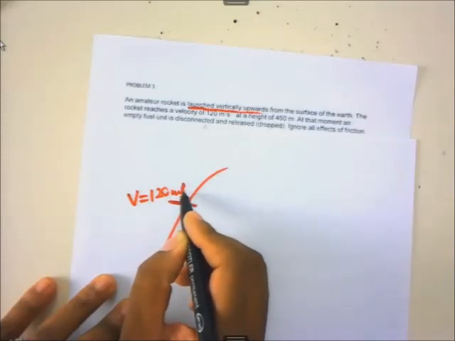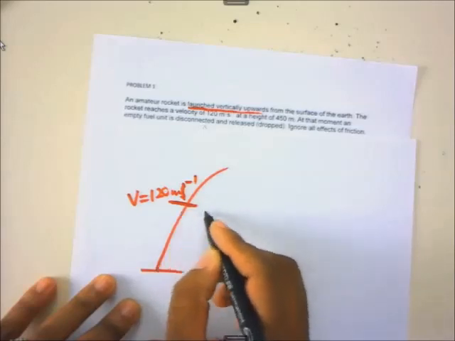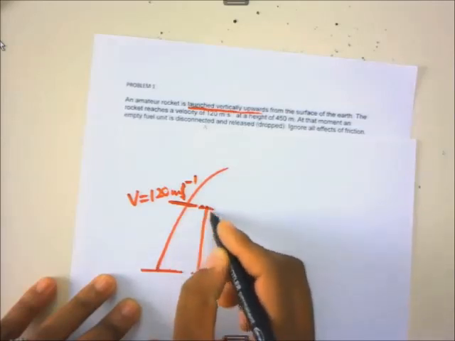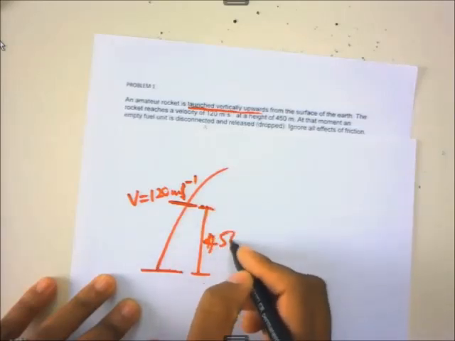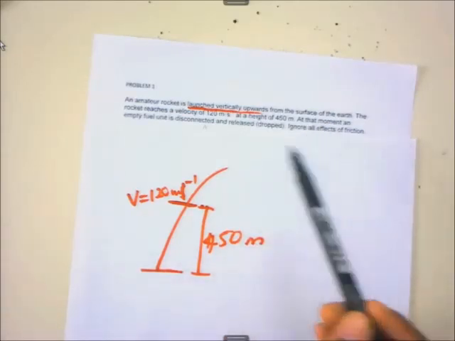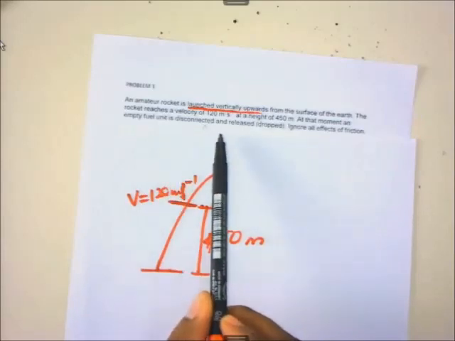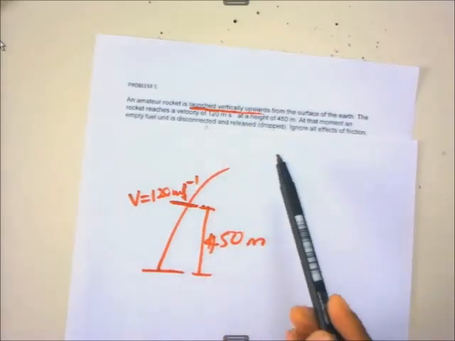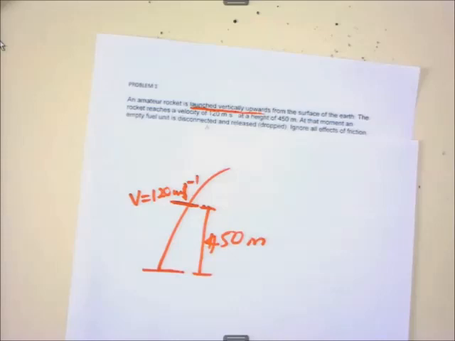And also the height from here to here is 450 meters. And then at that moment, an empty fuel unit is disconnected and released. Ignore the effect of air resistance.